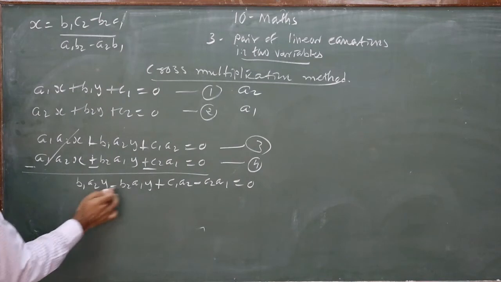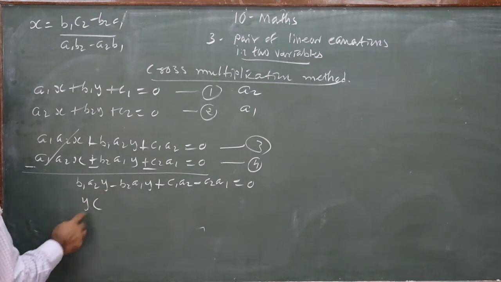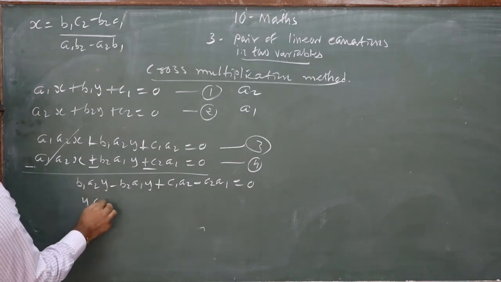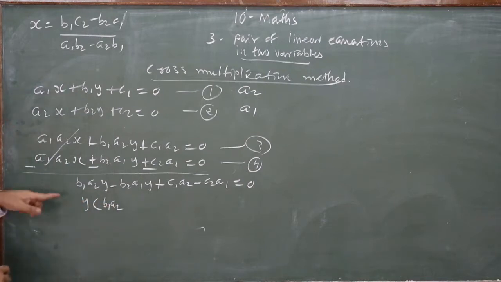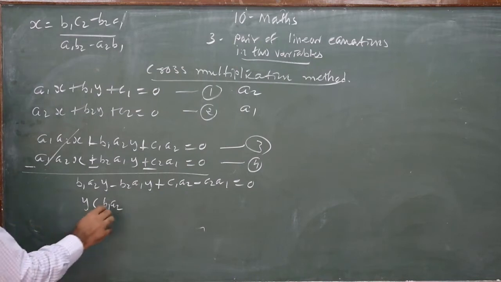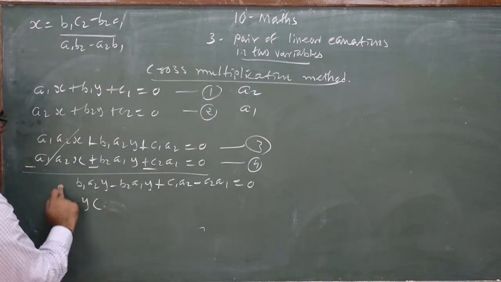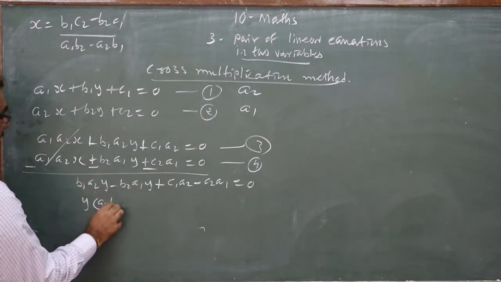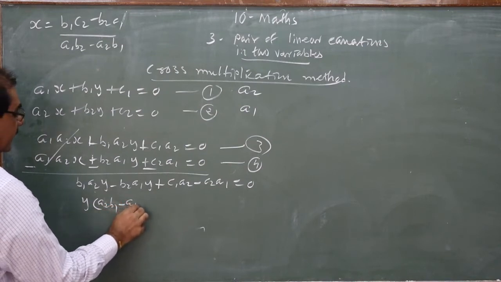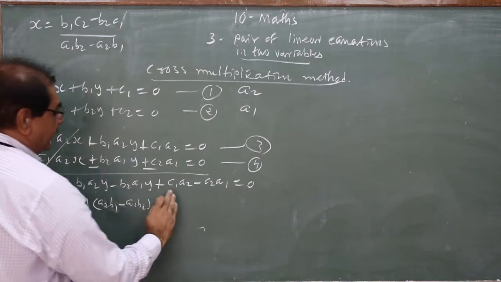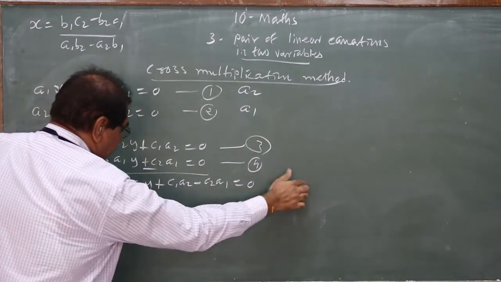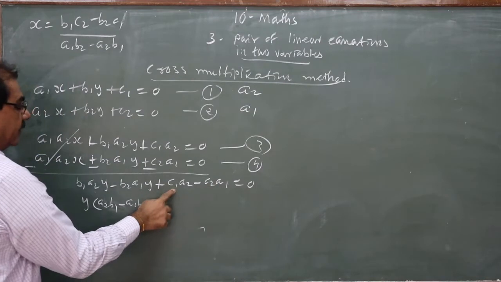Okay. Now here y is taken common. So it is b1 a2, I can write it as a2 b1, writing a first and b second. So y times (a2 b1 minus a1 b2), plus these I change the side, so negative becomes positive and positive becomes negative.